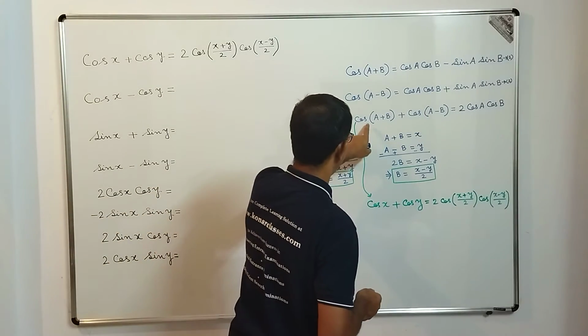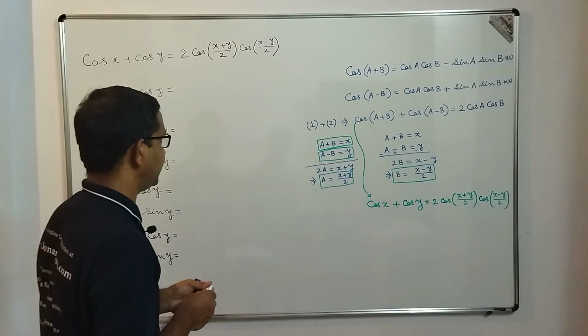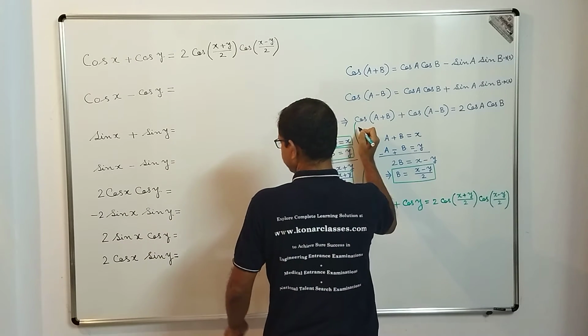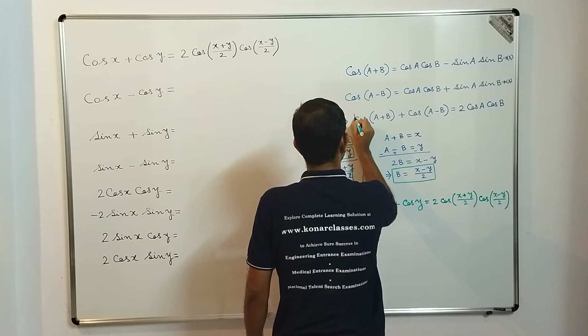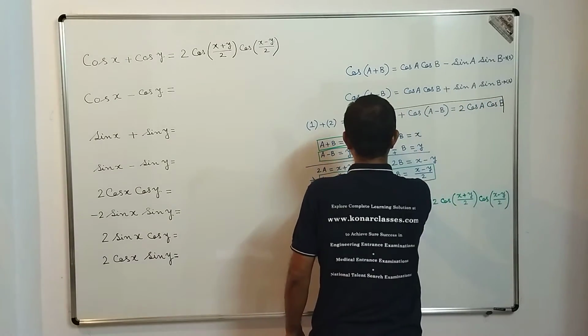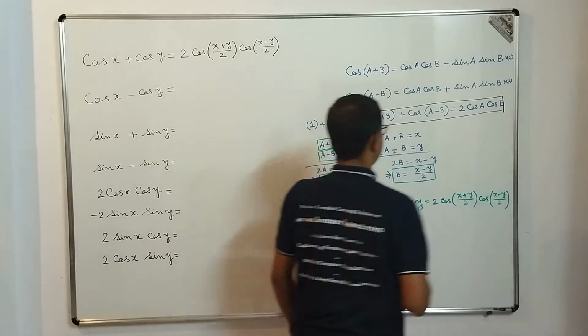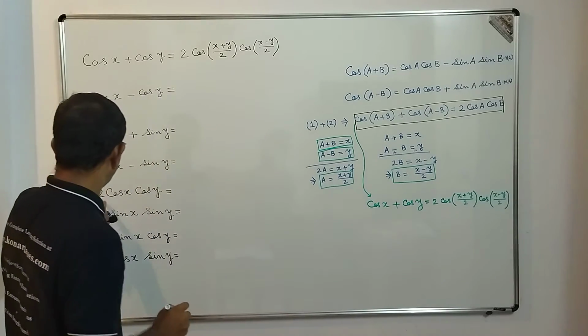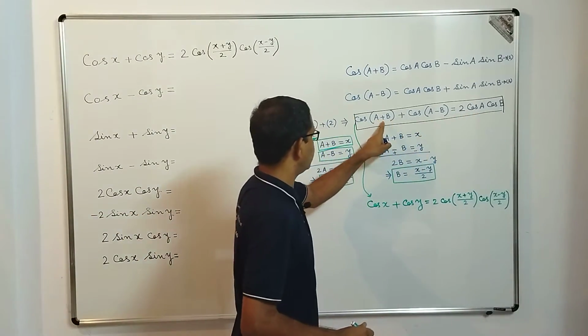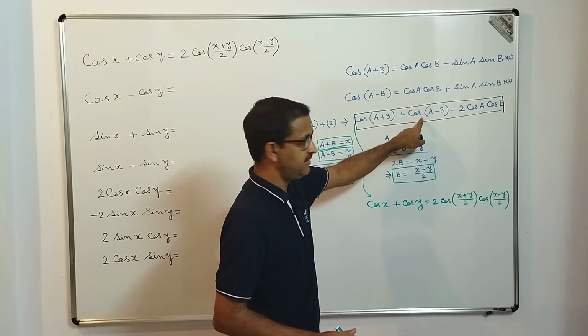From here, the information we get is that 2 cos a cos b is equal to cos (a plus b) plus cos (a minus b).